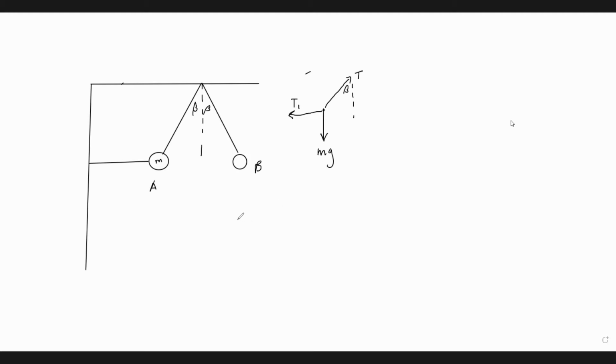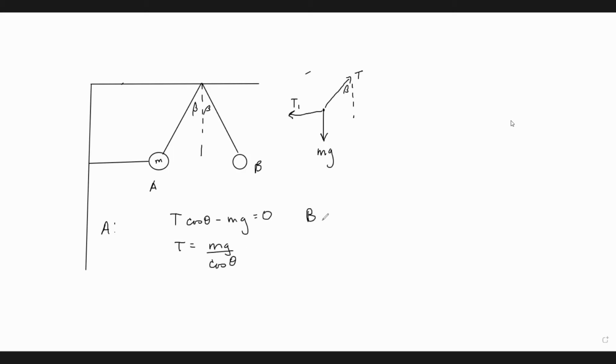And in the vertical direction, in position A, T cosine theta minus mg equals 0. We don't even need this other equation here. So T equals mg divided by cosine theta.